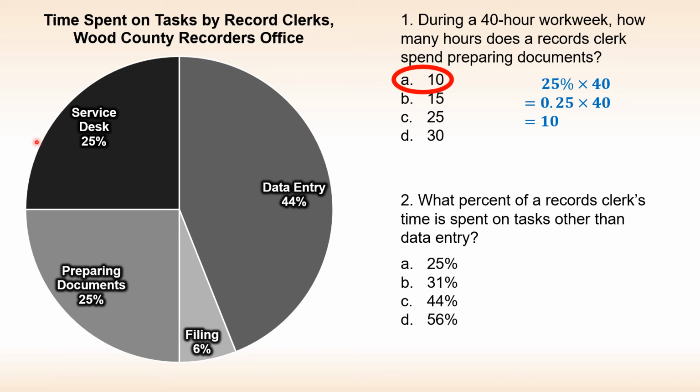Since everything is 100, we only have to subtract data entry, 44. So 100% minus 44% gives us 56. Our answer is letter D, 56%. But there are many ways to kill a cat, as they say. We can also have 25 plus 25, that is 50, plus 6%, that still gives us 56%.